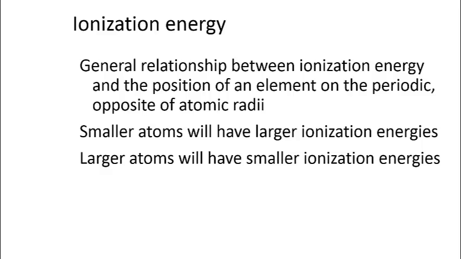For instance, lithium has the highest ionization energy in group 1A, the alkali metals. Cesium would be the element with the lowest ionization energy. And the reason is because the lithium ion, its electrons are much closer to the nucleus than they are for cesium.